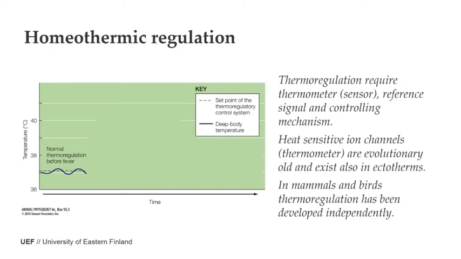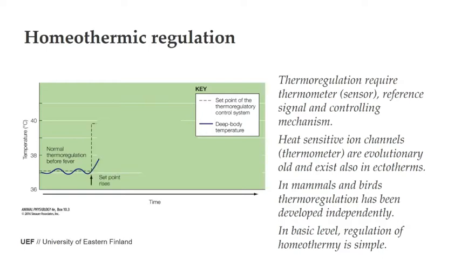Then we cool down, then it's below the set point, etc. So it's fluctuating all the time. And some of this fluctuation is also happening in the daily rhythm. So we have a little bit lower body temperature at night time and higher body temperature in the daytime.